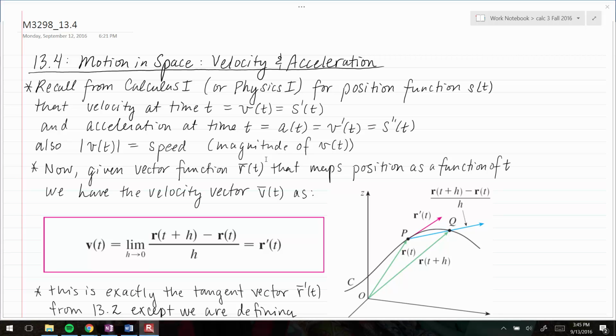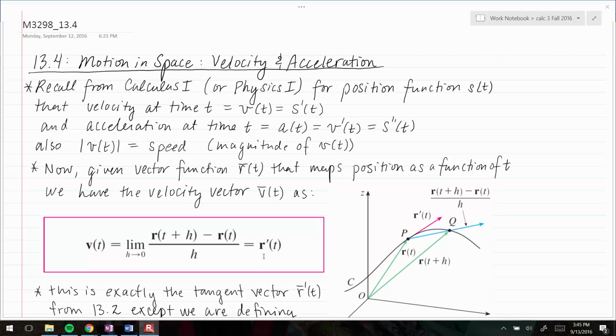In r of t, the parameter t is specifically time. Then, with that little twist, our derivative, by definition from section 13.2, is specifically a velocity vector with respect to time. So exact same definition here.